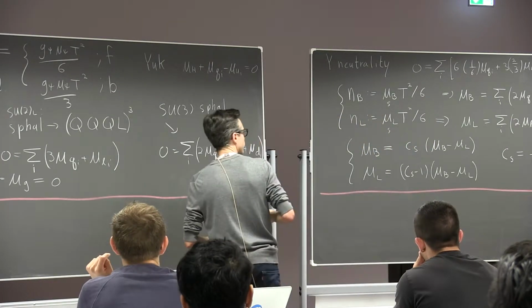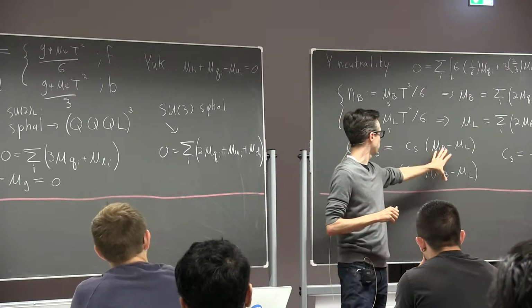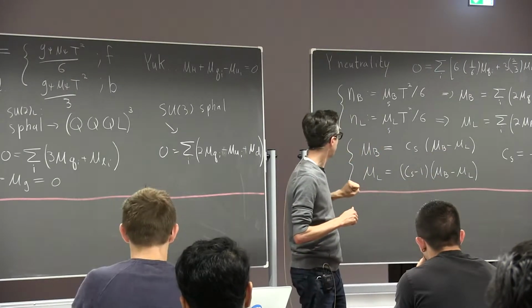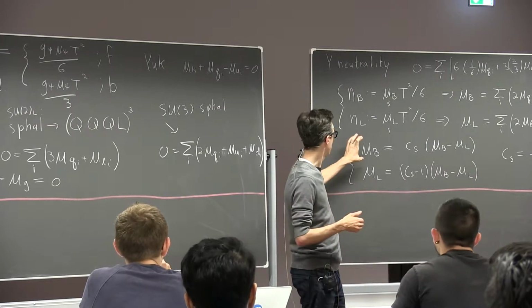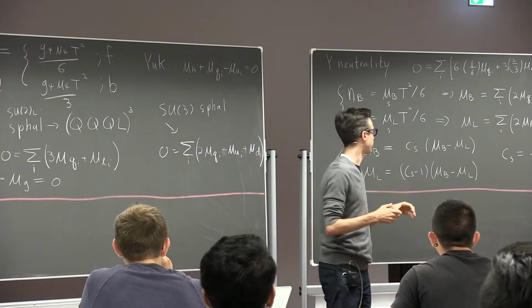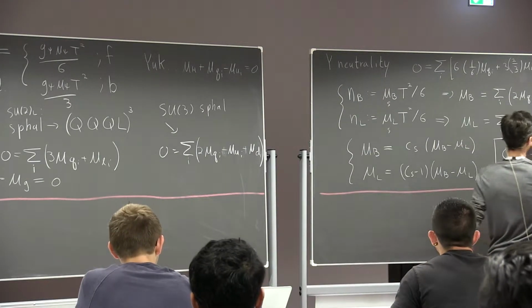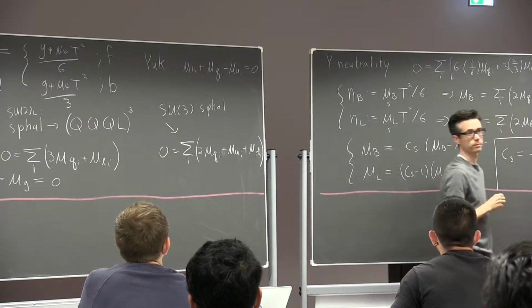On the other hand, if I inject a net B minus L, corresponding to a non-zero mu_B minus mu_L, I do get, at the end of the day, a final mu_B and a final mu_L. They're not minus of each other because I have extra constraints. But I can compute them in terms of the CS coefficient that's roughly 1/3.